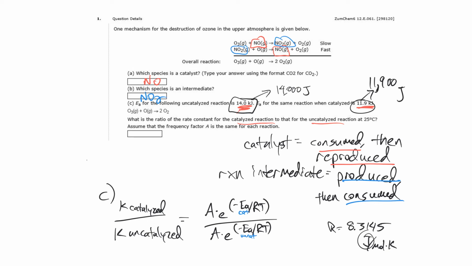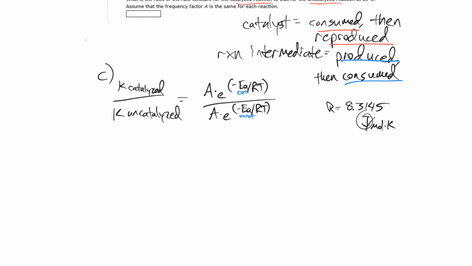Knowing that, let's go ahead and plug in. We'll work this equation a little bit further. Even though we don't know the value of the frequency factor A, it's going to cross out, so you don't actually need to use it. The catalyzed reaction has an activation energy of negative 11,900 joules.